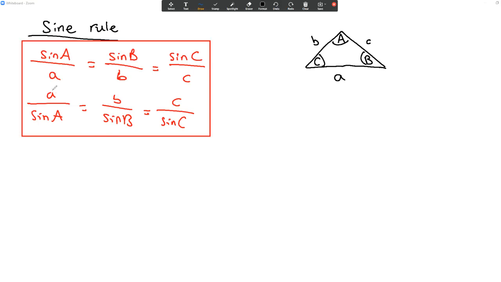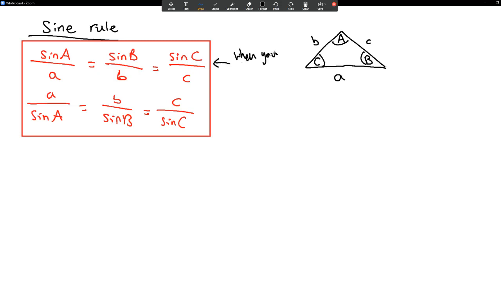Now, I've given you two equations here. This is the equation when you want to find the angle.